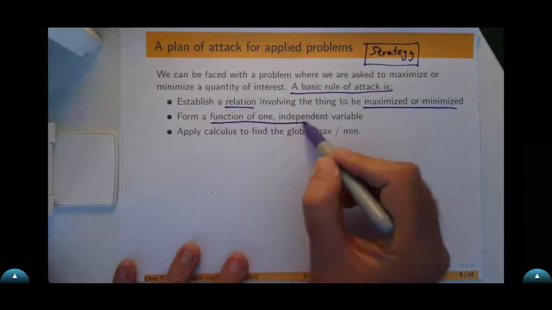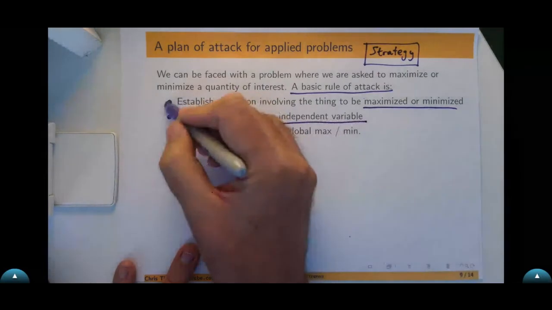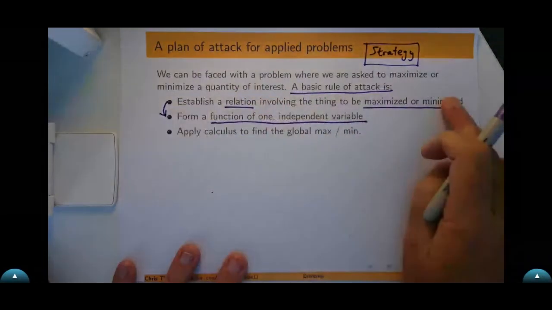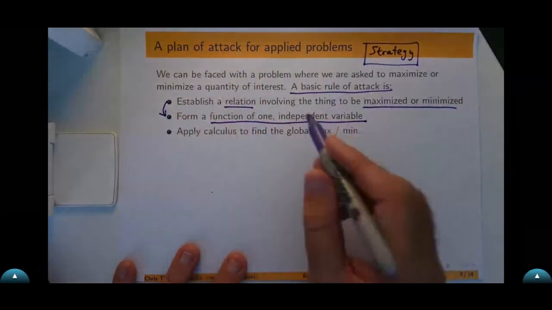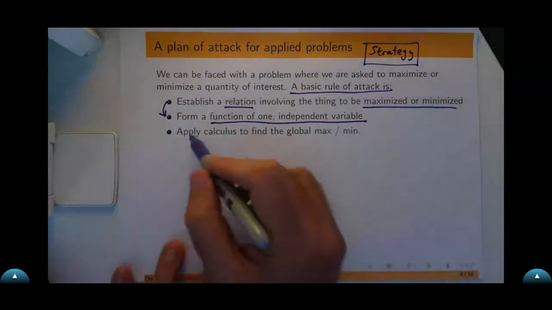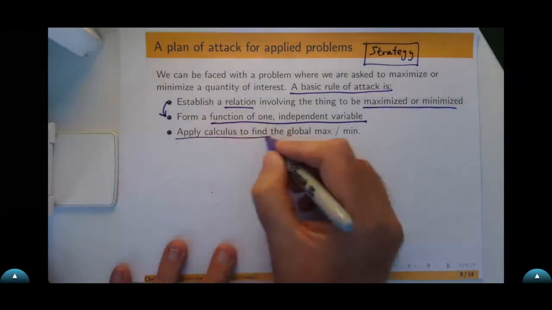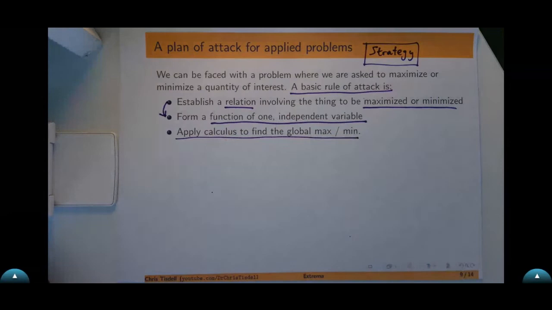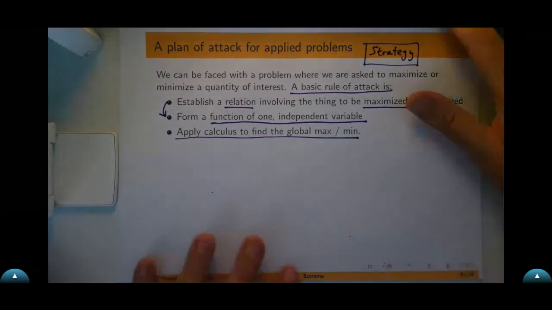You want a function of one independent variable. So you start off with something like this, you simplify it so you've only got one variable, and then you want to apply calculus, okay? Find the critical points, evaluate the function at the critical points, and then compare them, okay? All right, so let's have a look.